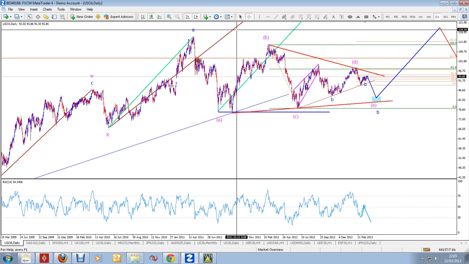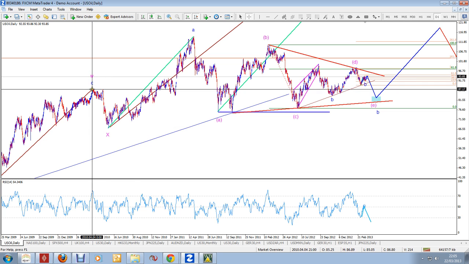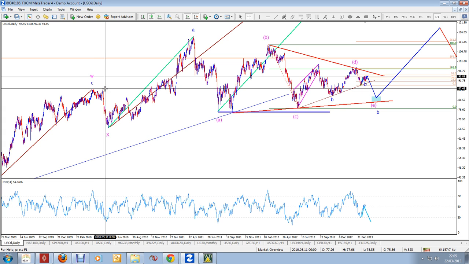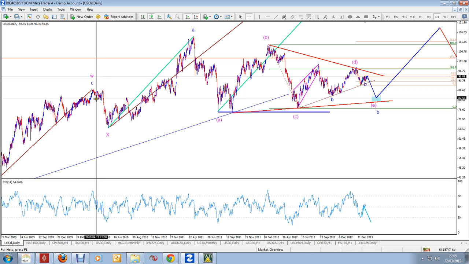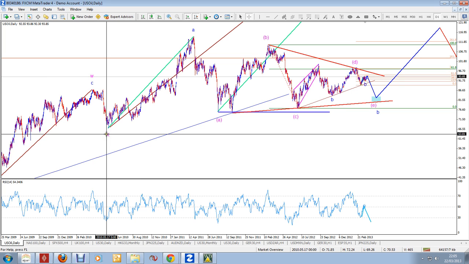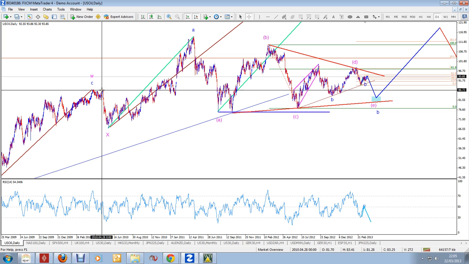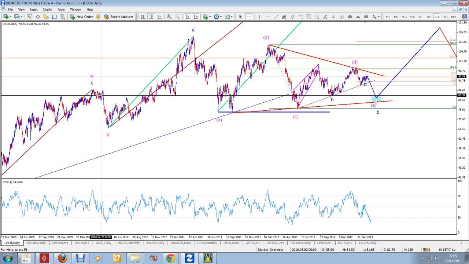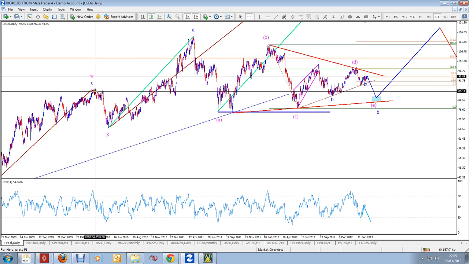Okay, and the reason why I put this X is because normally when I look at it here, see, this is the high here. So normally we would expect a corrective wave, so it would be like A, B and C, but in this particular case I can't see that normal wave. So either it is wave A, B and C, or W, X and Y. It doesn't really matter.